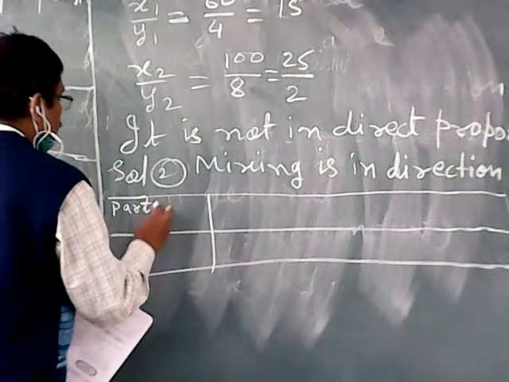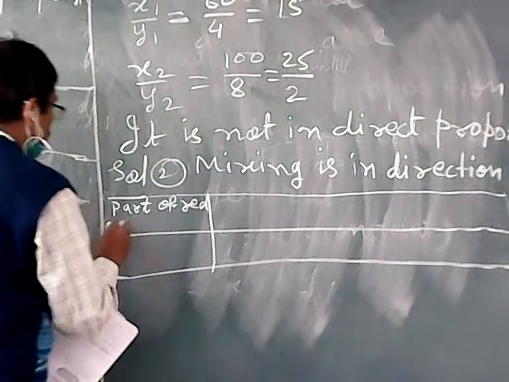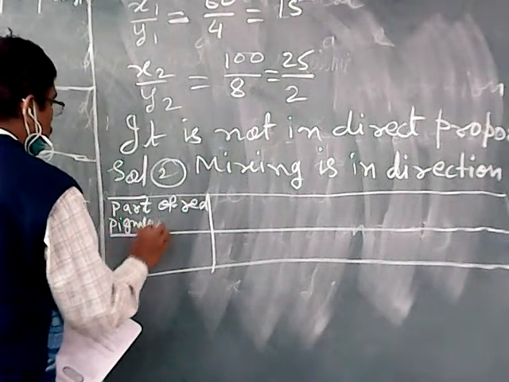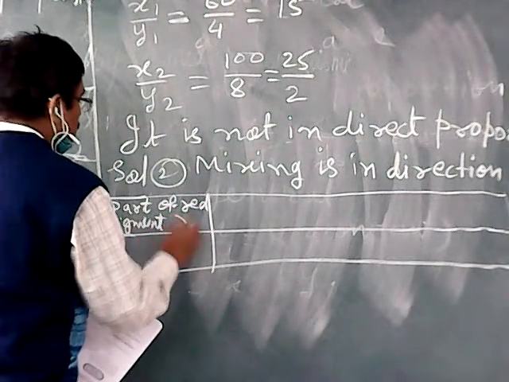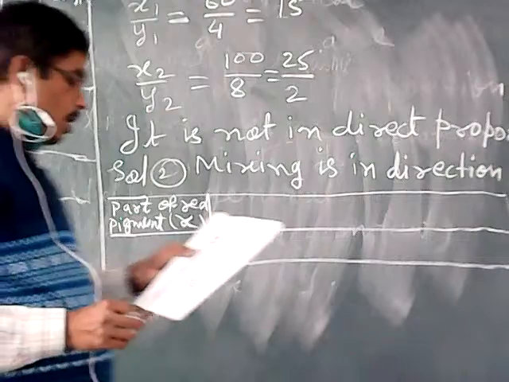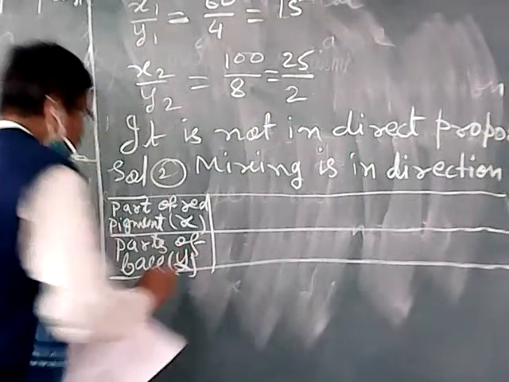This is the question in your book. Part of red pigment, this is x we have taken, and part of base, this is y.